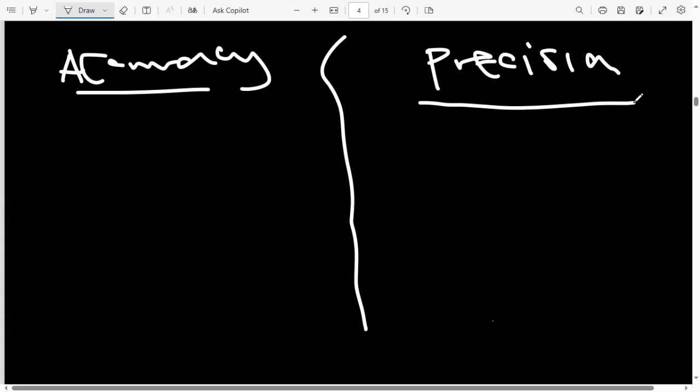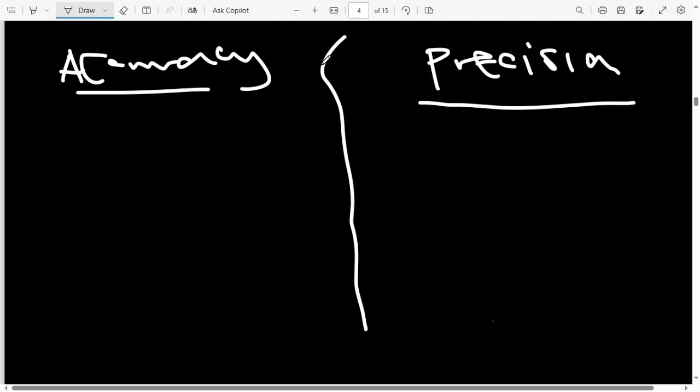Okay, so I'll start by defining accuracy. Accuracy refers to how close the measurements are to the true value. That's what accuracy is.